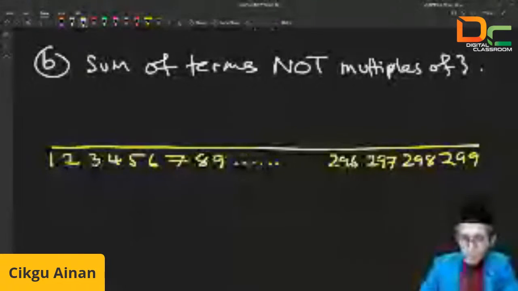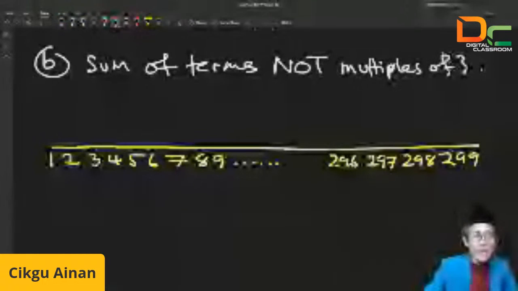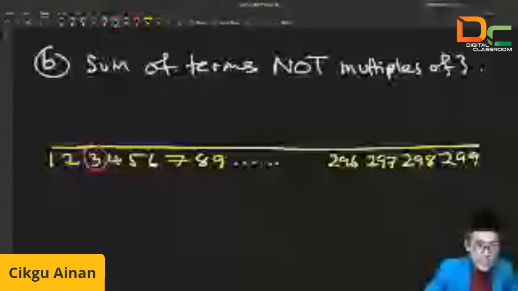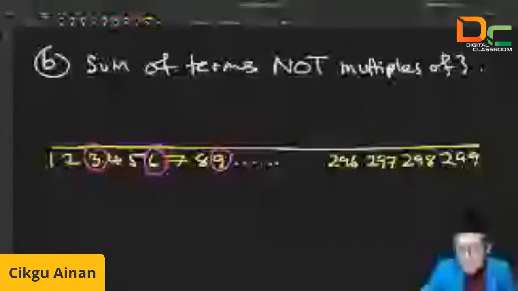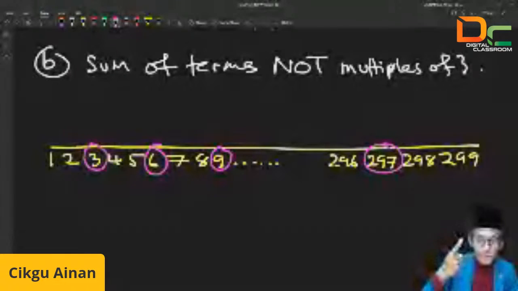Okay, now from the part A, we are looking for the sum, the multiple of 3, which is 3, 6, 9, until 297. In the first part, in the part A, we are looking for the sum of the pink circle that I've circled in front of you.